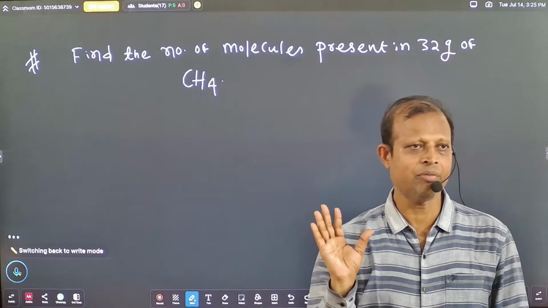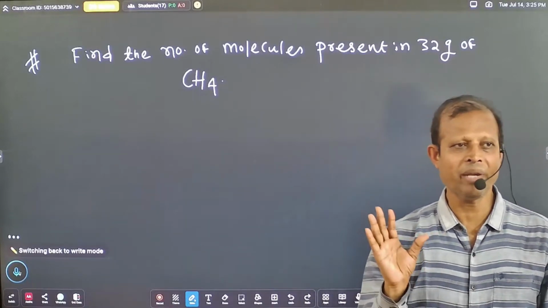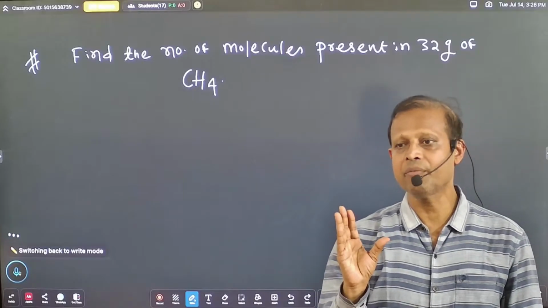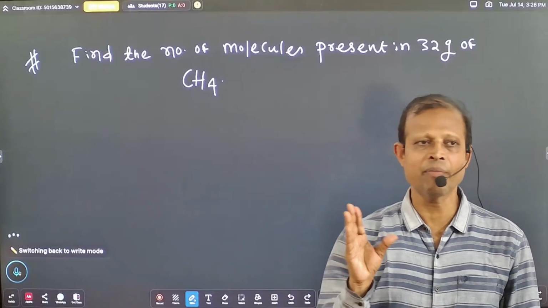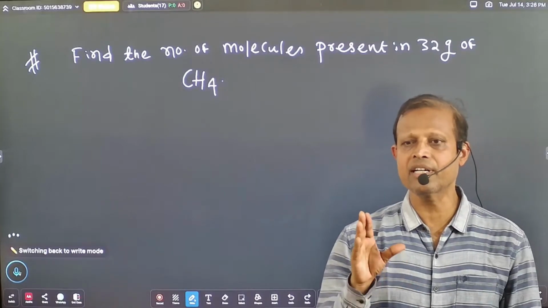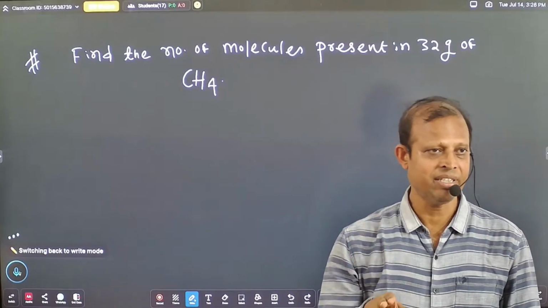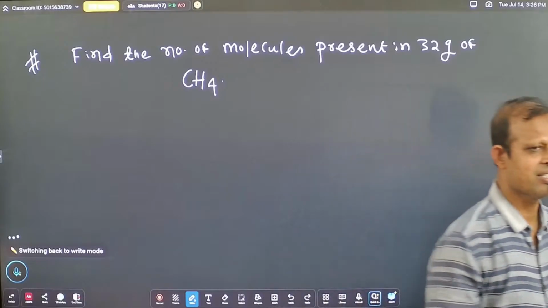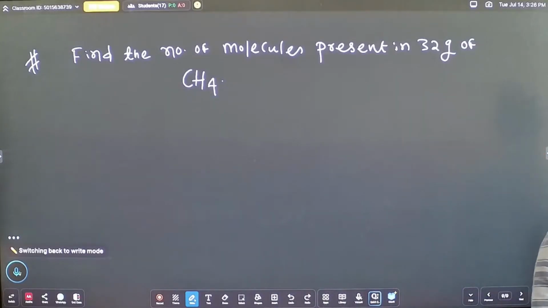And another one is 1 mole of any substance has a mass equal to its atomic mass expressed in gram if it is an element, or equal to its molecular mass expressed in gram. Clear or not? So you combine both statements together to solve this question.